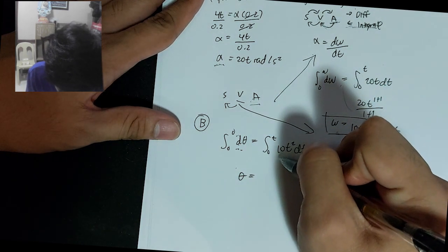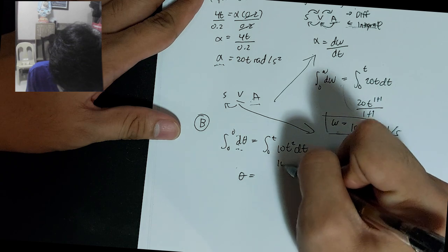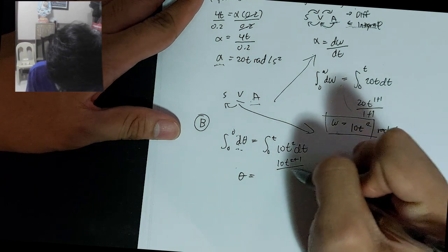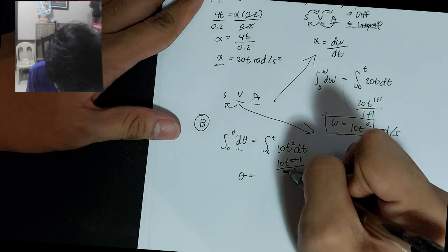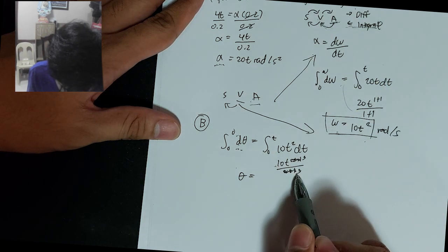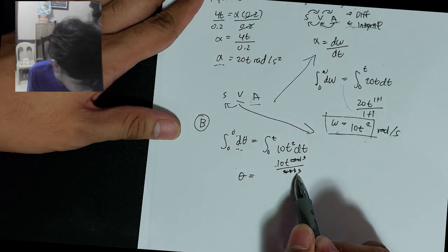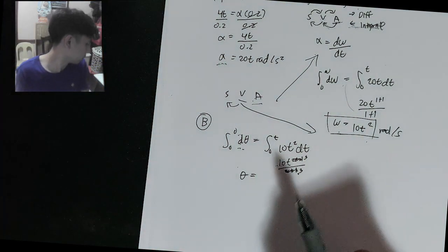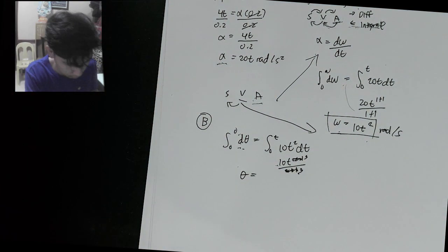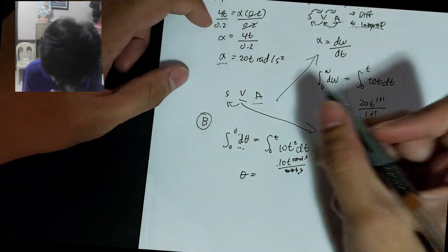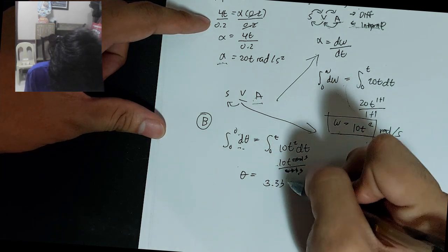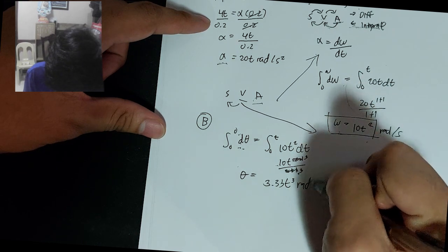Next is 10, 2 plus 1, so t cubed over 3. The answer is 3.3333t cubed rad.